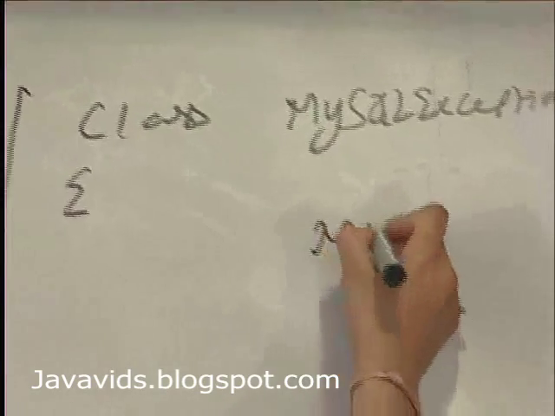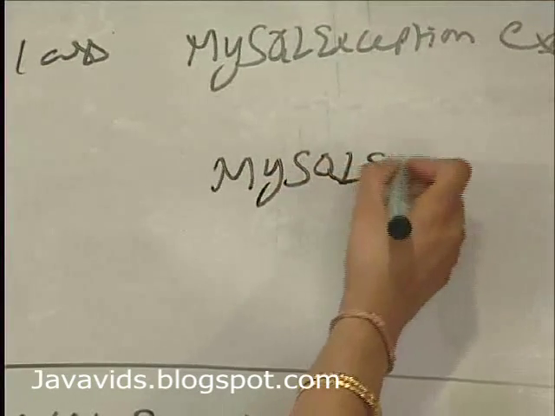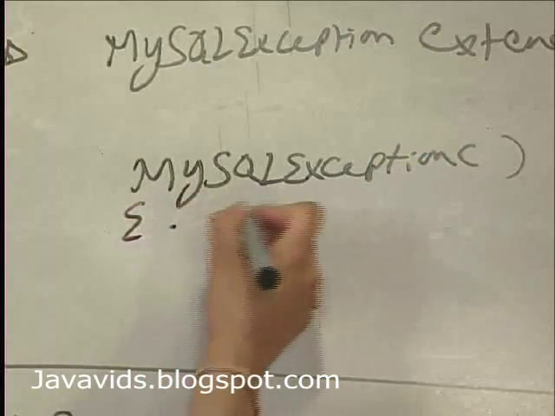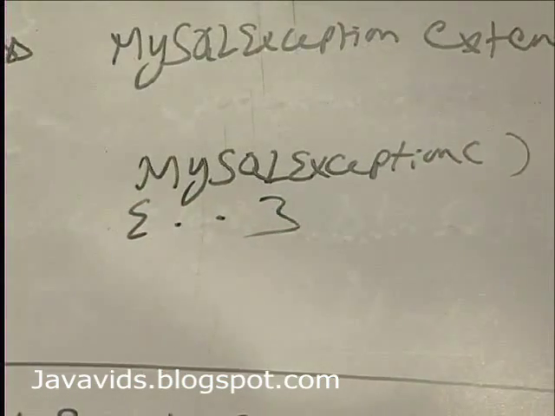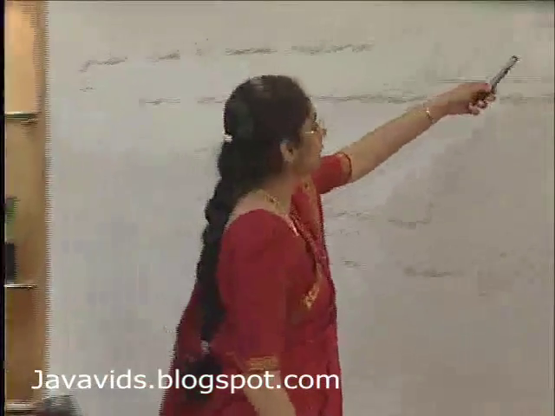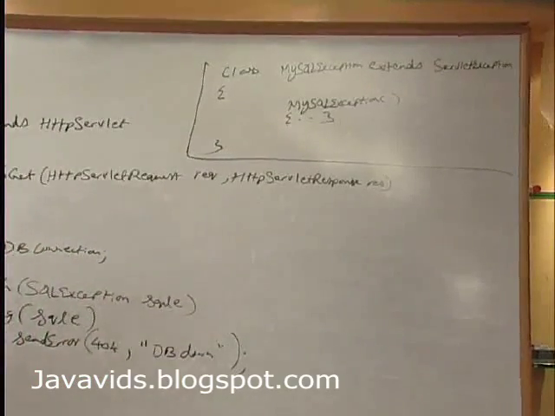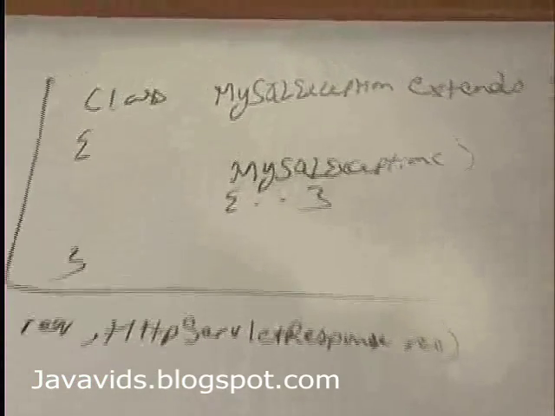Here you can write your constructors, like we did during exception handling. Pass the message to your parent constructor by calling super out here. So you have your user defined servlet exception class.